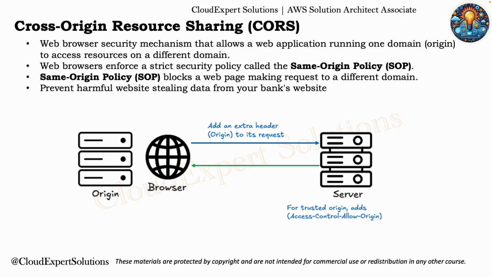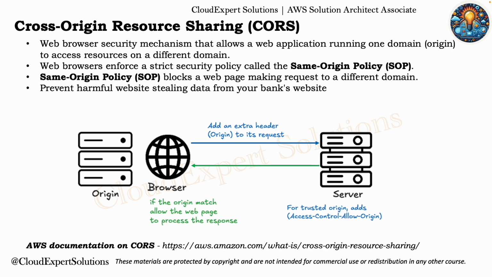Then in the server response, the server on the other domain checks its configuration, and if the origin is trusted, it adds a header called Access-Control-Allow-Origin to its response, which explicitly tells the browser that it's okay and you can use this data. When the browser receives the response with that header, and if the origin matches, then it will allow the web page to process the response, otherwise it will block it.